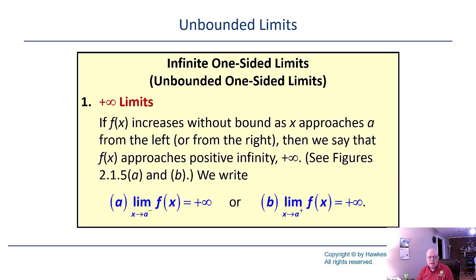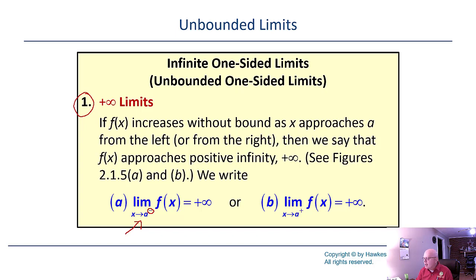So here's a little bit about unbounded one-sided limits. The first one is about positive infinity limits. In other words, the number keeps getting bigger and bigger and bigger in a positive direction. We've got some pictures coming up. This means that x is approaching some a value, whatever that a value is, from the left.